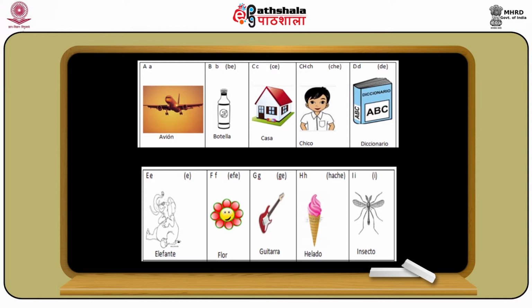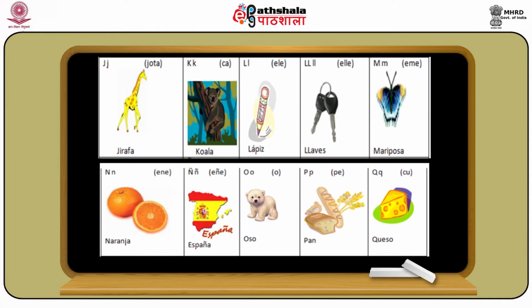F as in flor. G again has got many pronunciation, but one of them is como guitarra. H as in helado. I as in insecto. J as in jirafa. K as in koala.